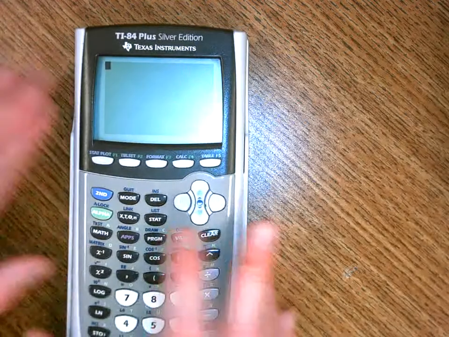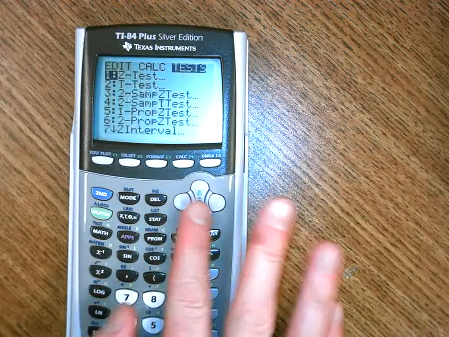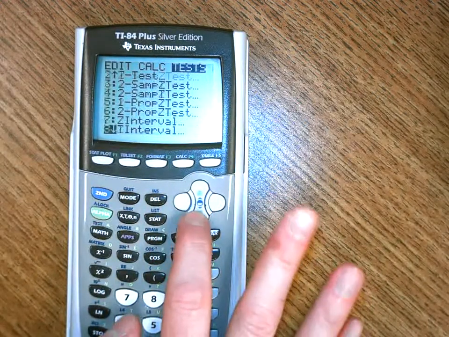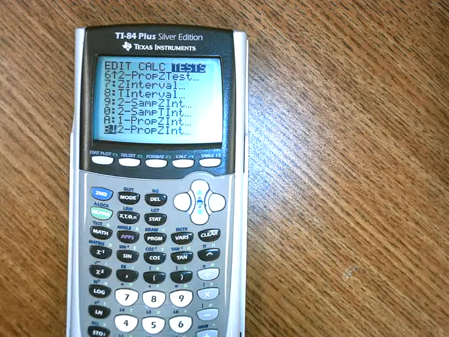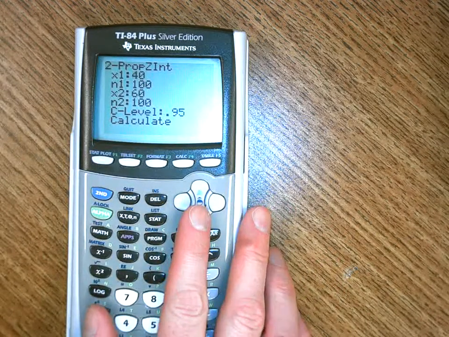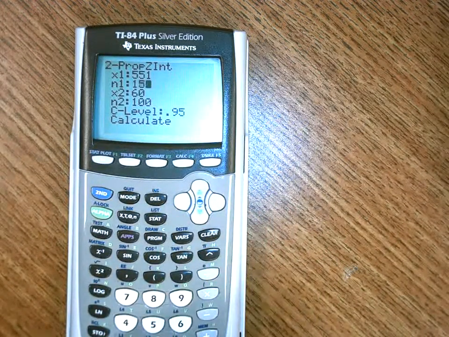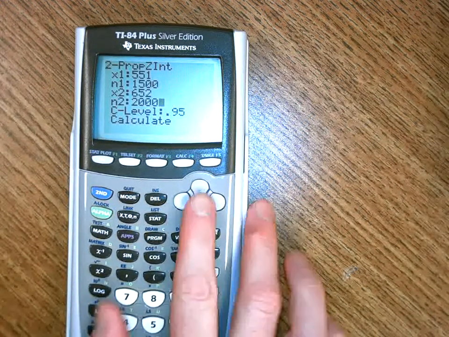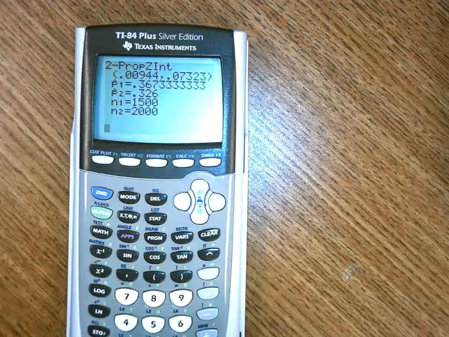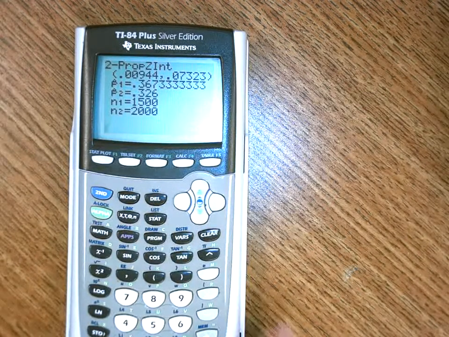I'm going to go to stat test 2 prop z int, and add 551 out of 1500, 652 out of 2000, and calculate. And I'm just going to write all that information down.